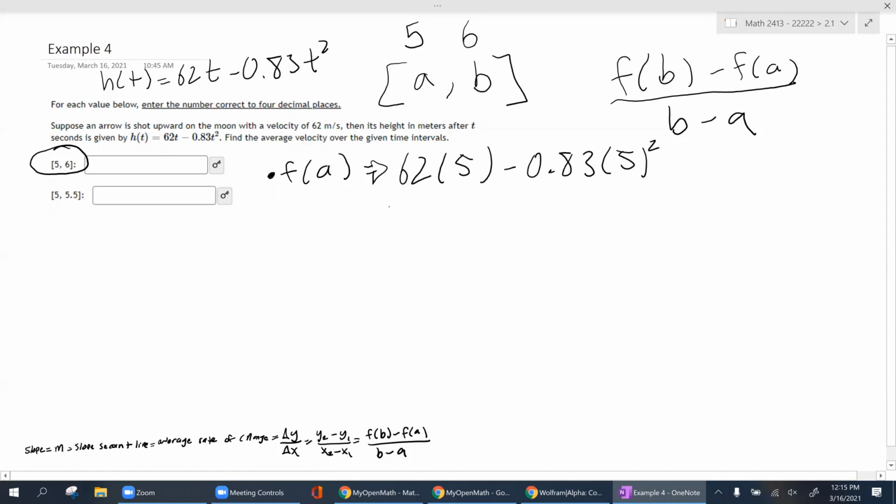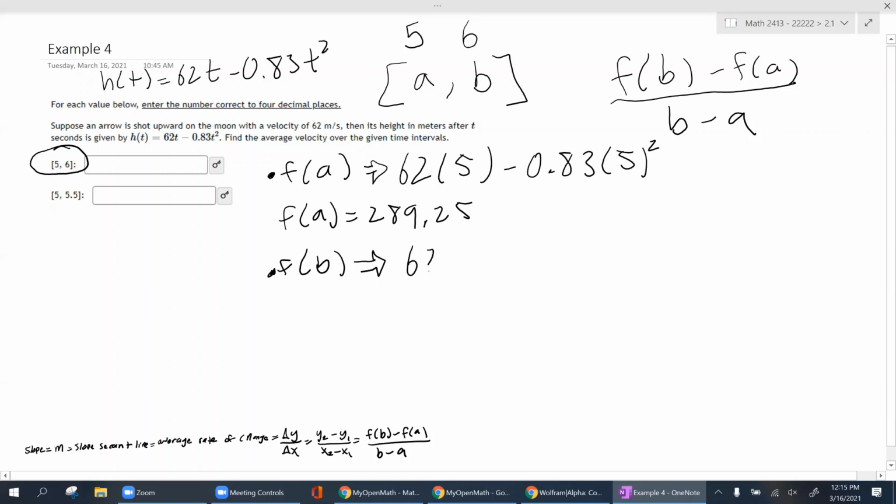Let's go ahead and plug all of that into the calculator and let's see what we get. I end up getting my f of A is 289.25. Let's go ahead and find my f of B. F of B just means I'm going to plug in B into that function, which is 6.